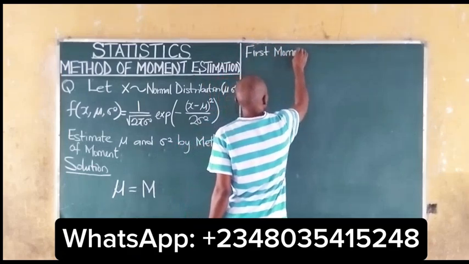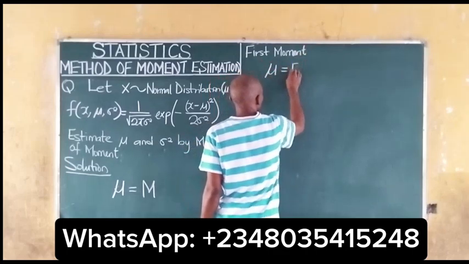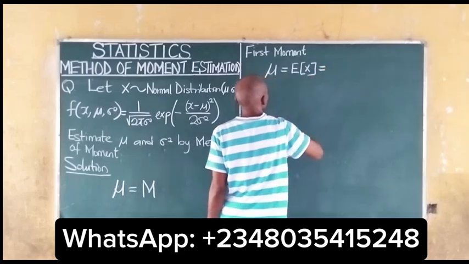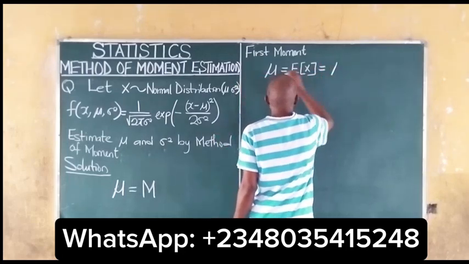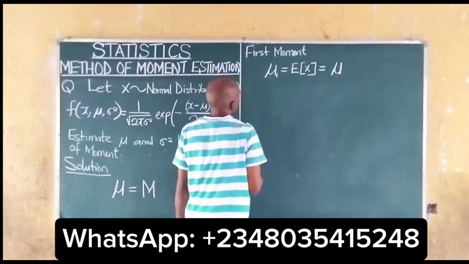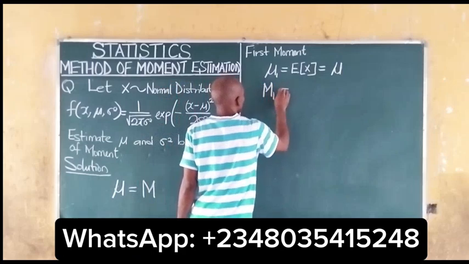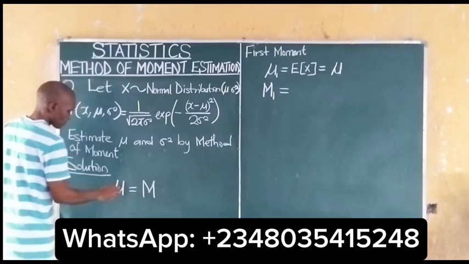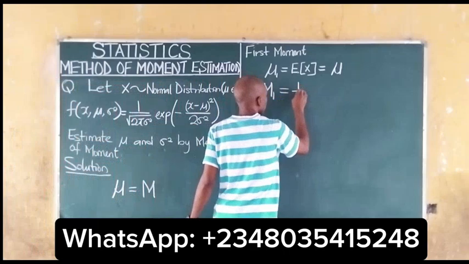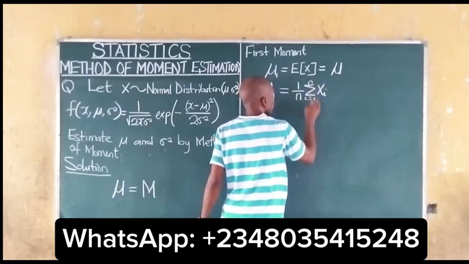For the first moment, we have mu equal to the expected value of x, which is equal to our mean. And for our sample mean, we have 1 all over n summation of xi as i runs from 1 to n.